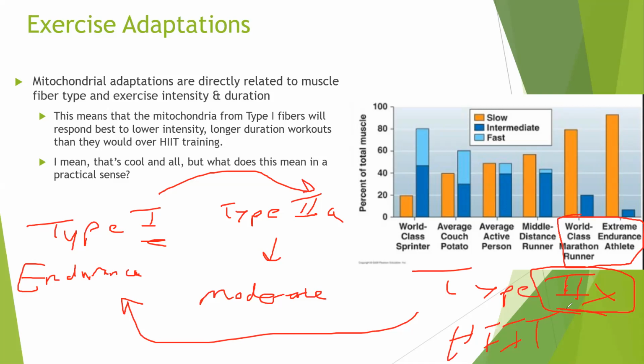Therefore, if you can get the fastest or the most powerful amount of energy you can muster every time you do it, even if it's in short duration, you will most likely be above everyone else. So your type 2X fibers are the money makers in terms of being an elite athlete.